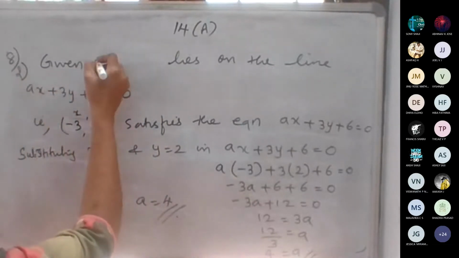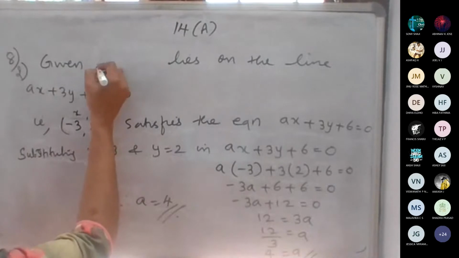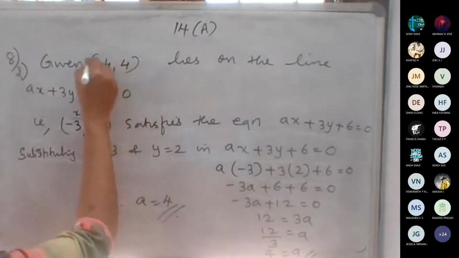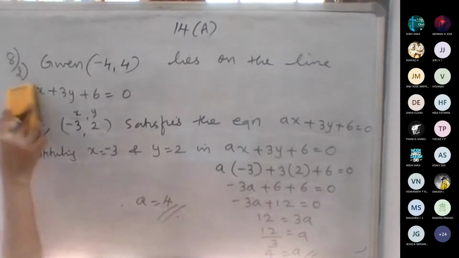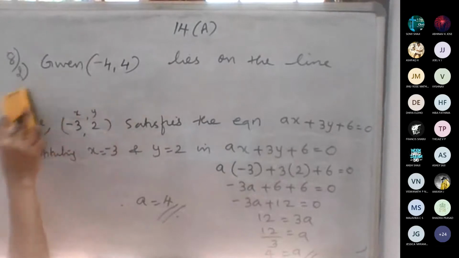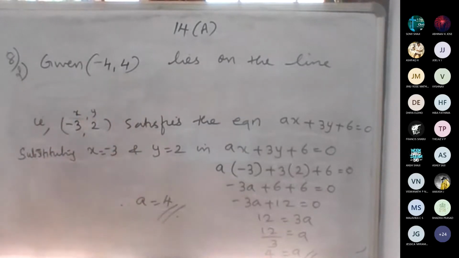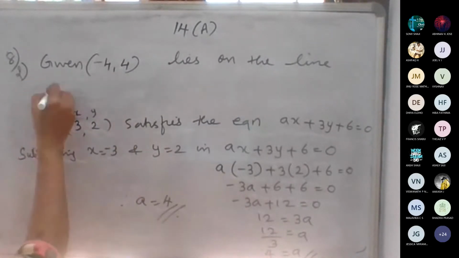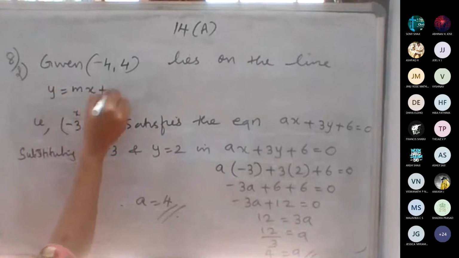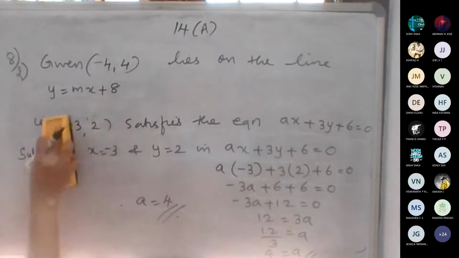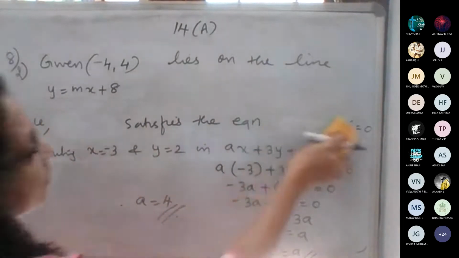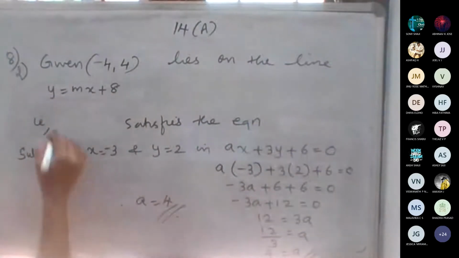Given what? Negative 4, 4. Contains the point, that is, lies on the equation what? Negative 4, 4 is there in the equation y is equal to mx plus 8. So that means what? Negative 4, 4 satisfies the equation. Same model only.